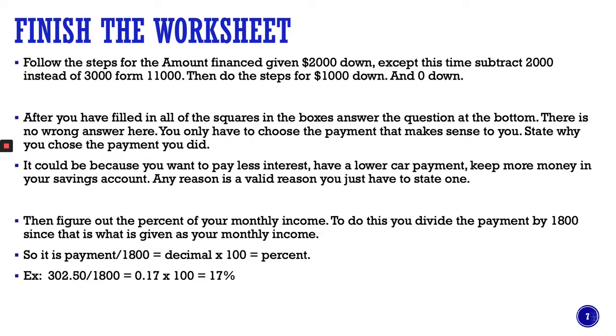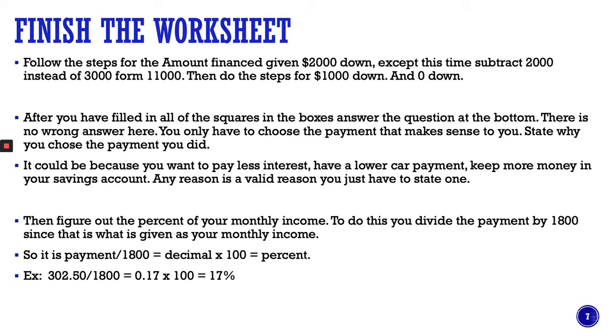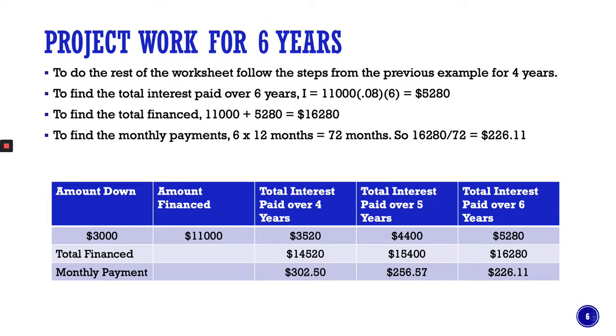For the next one, for 6 years, to do the rest of the worksheet, we're still going to follow those same steps. And our total interest now, that 4 changed to a 5 and is now 6, which gets us more interest. Notice that the longer you're paying over this, the more interest you're going to pay. So $5,280, my mouse is a little trigger happy there, sorry about that.